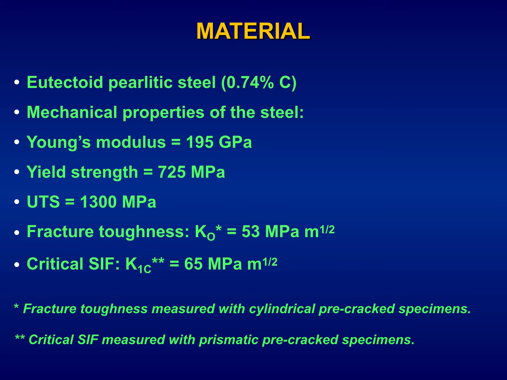The first one, the fracture toughness, is measured with a cylindrical pre-cracked specimen trying to achieve the plane strain conditions, whereas the critical stress intensity factor is measured with a prismatic pre-cracked specimen.